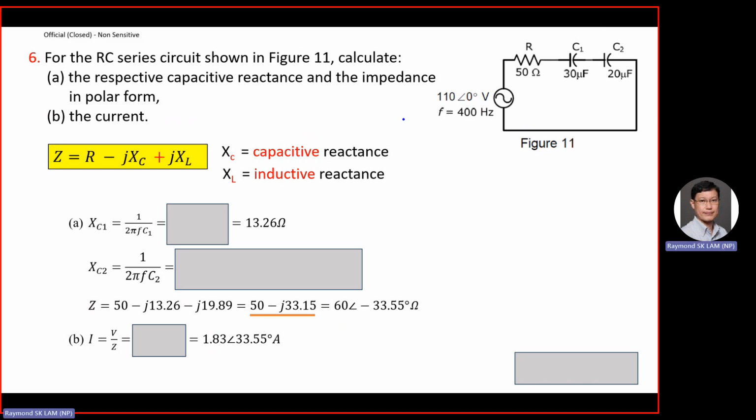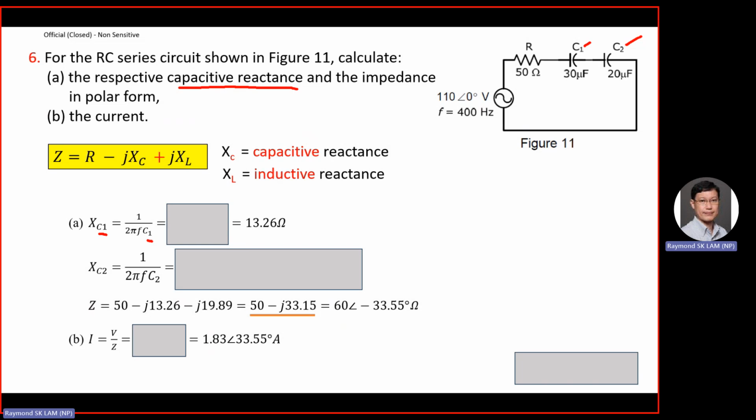Okay, so you see, for the first part, you are asked to calculate the capacitive reactance. The capacitive reactance, the formula is this one: 1 divided by 2 pi FC. There are two capacitors, class. That's why for the first capacitor, you put C1, then the formula will be 1 divided by 2 pi F C1 now.